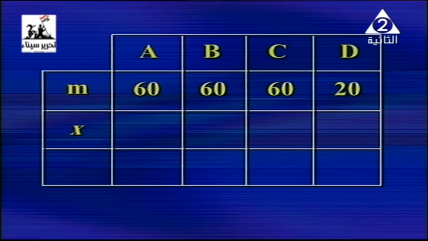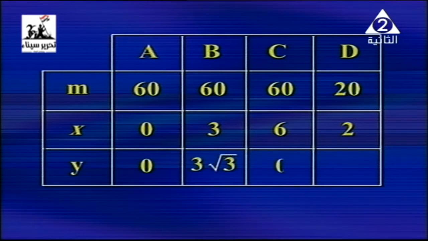What is the x coordinate? At A 0, B 3, C 6, D 2. This is the x coordinate. What is the y coordinate? At point A 0, point B 3 root 3, point C 0, also point D equals 0.